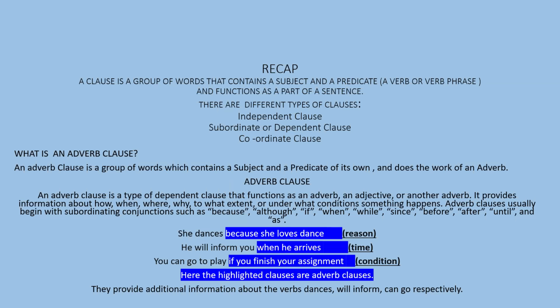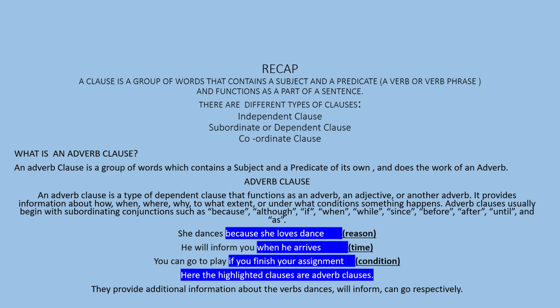It provides information about how, when, where, why, to what extent, or under what conditions something happens. Adverb clauses usually begin with subordinating conjunctions such as because, although, if, when, while, since, before, after, until, and as.